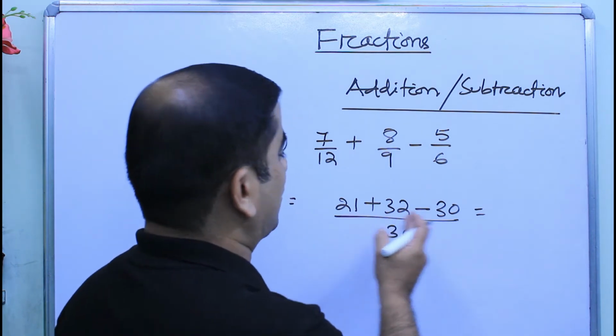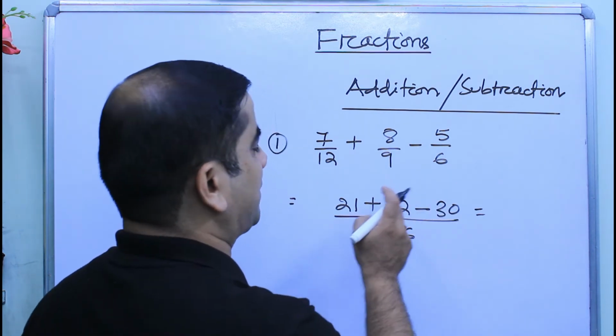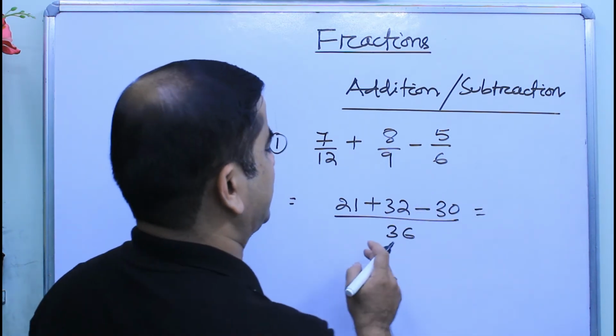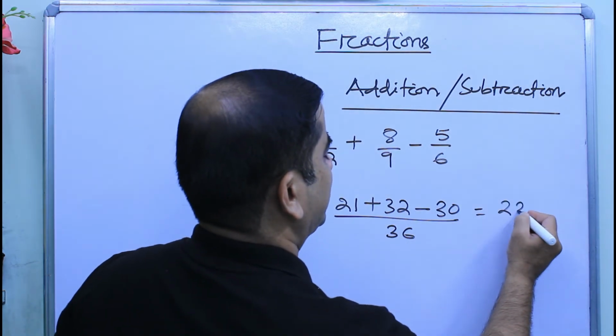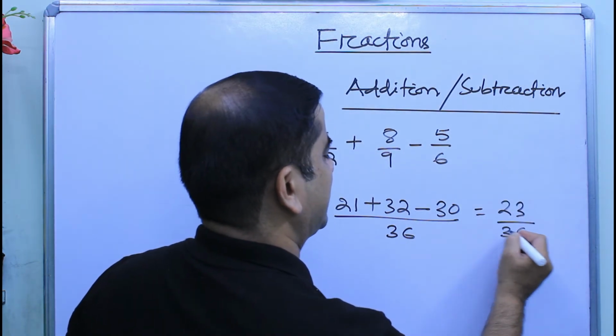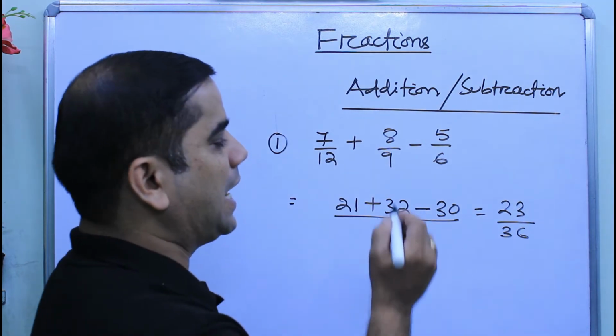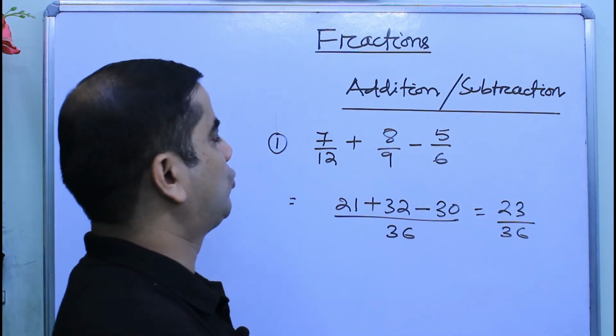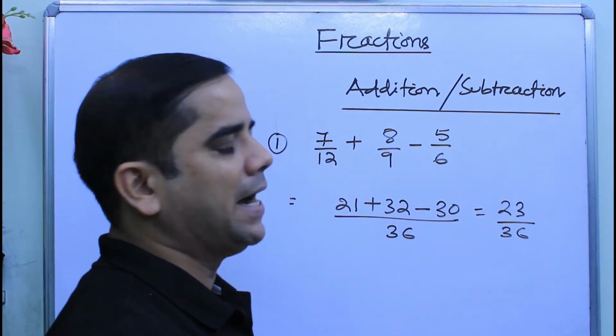Then we need to calculate the numerator part, that is 21 plus 32 minus 30, that is nothing but 23 divided by 36. So this is the answer for the question 7 by 12 plus 8 by 9 minus 5 by 6.